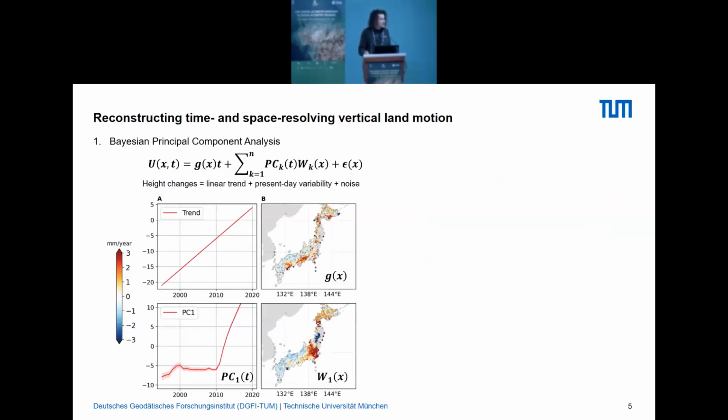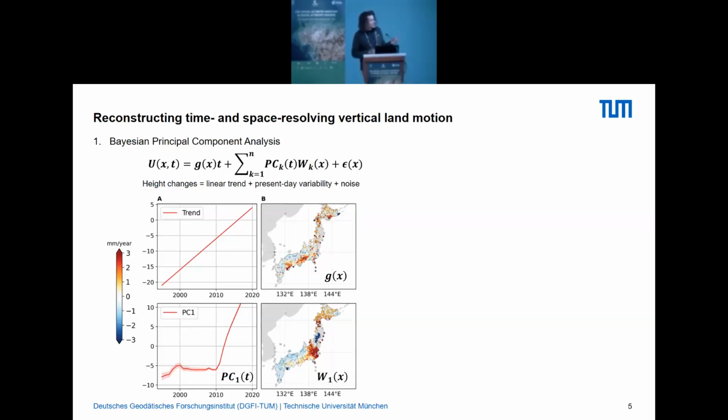In this slide, I quickly summarize how we generated this estimate. Here I fit the observations of heights, called U, to a model consisting of a linear trend component and then a set of components aimed at describing these nonlinear variations.